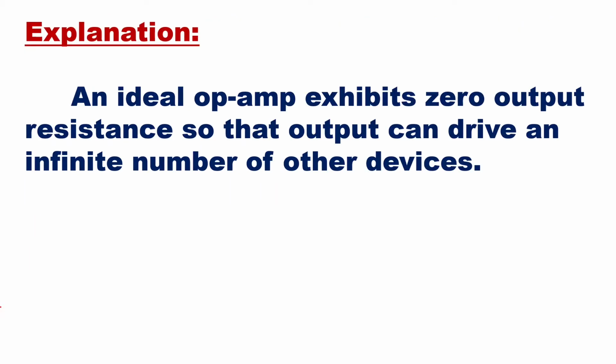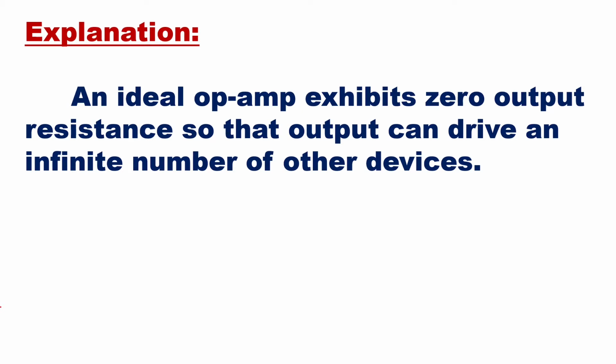So here the explanation, you can remember that an ideal op-amp exhibits zero output resistance so that output can drive an infinite number of other devices. This is very important. That is why in an ideal case, we always expect that the output resistance or output impedance is low, and similarly the input impedance or input resistance should be high.